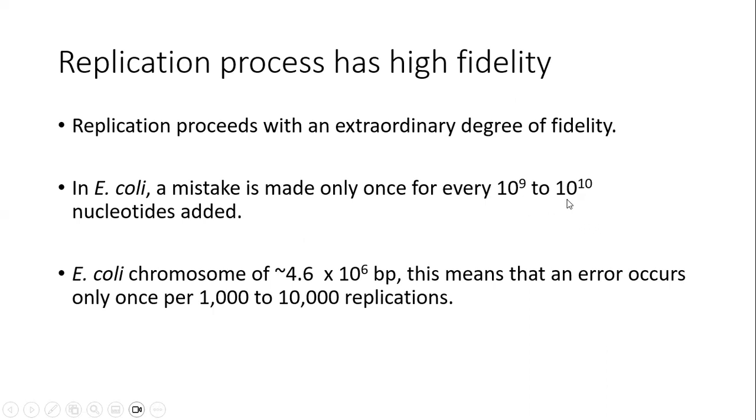If you compare this number with the size of the genome, which is about 4.6 x 10^6 base pairs, it means that roughly every 1000 to 10,000 replication cycles, one mistake is made by the E. coli DNA replication process.